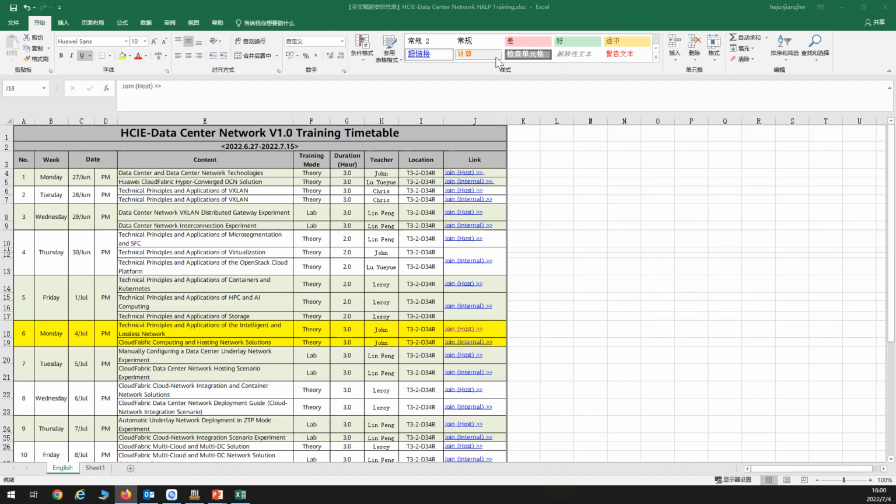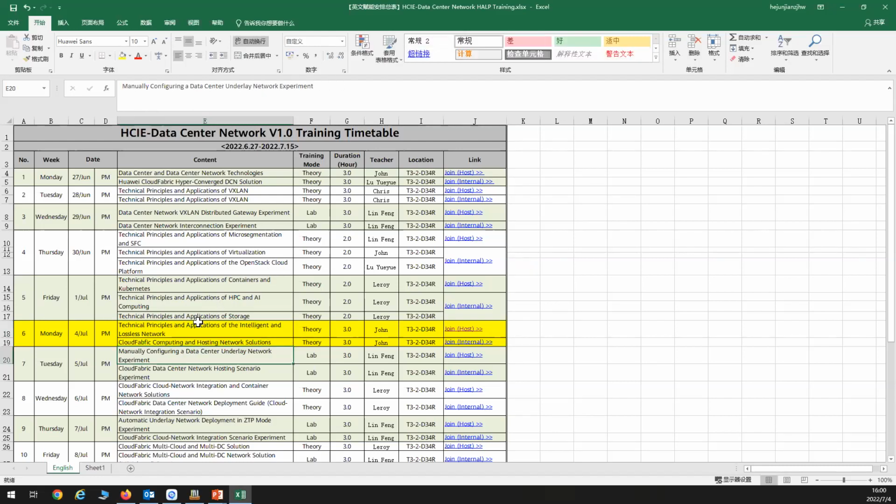Okay, let's begin. So today we are going to learn about two slides. Let's say the training timetable. First slide is technical principle and the application of the intelligent lossless network.